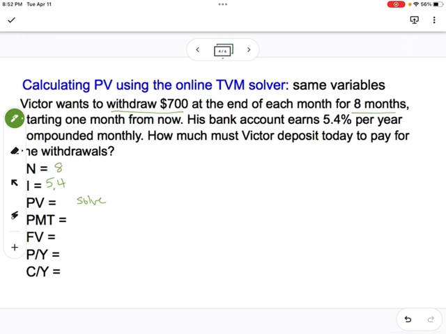Remember, when you have a payment, you want to put a negative number there, so negative 700. Our future value is 0, since we end up with nothing, so we just need the proper amount at the beginning for the 8 months. And this is compounded monthly, so our payments per year and our compounding periods per year are both 12.